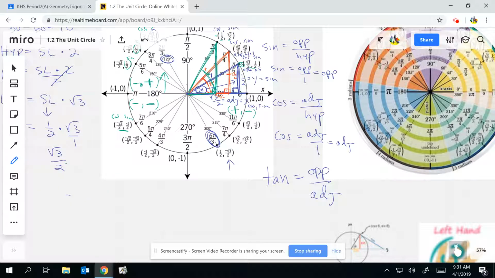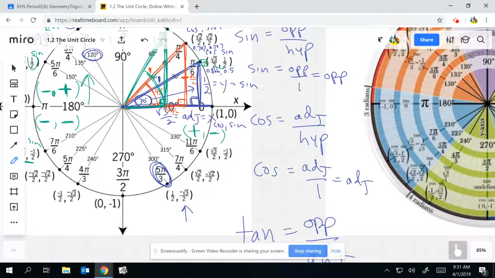Well, the opposite side was our y value. When we're looking at this blue triangle, the opposite side was the 1/2, or the y value. The adjacent side was the radical 3/2, or the x value.